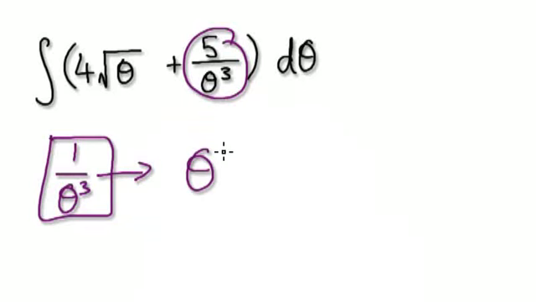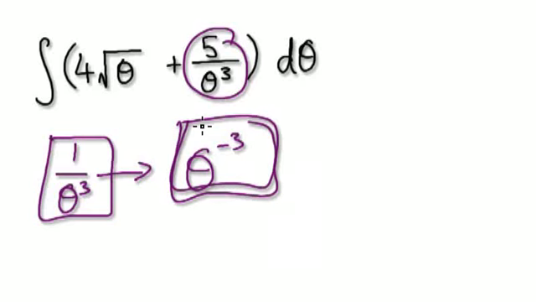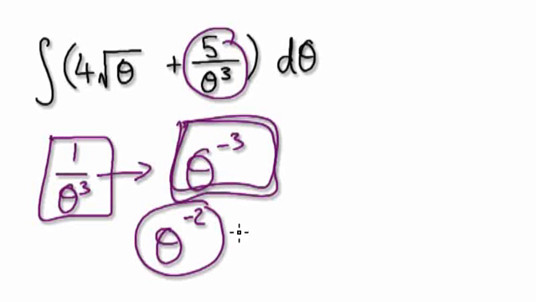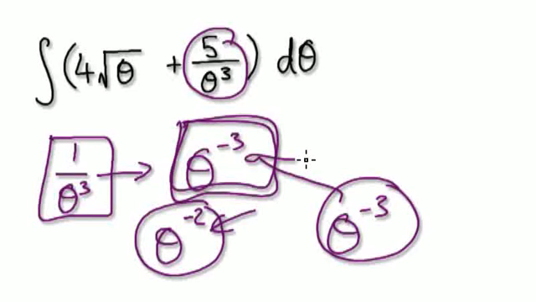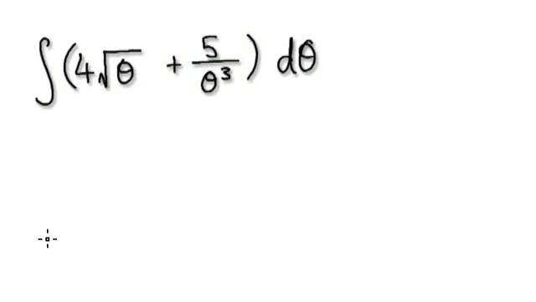But visualize this as theta to the power of minus 3. Well, how about trying theta to the power of minus 2? Because when you differentiate this, the power gets minus by 1. So that will give you this.